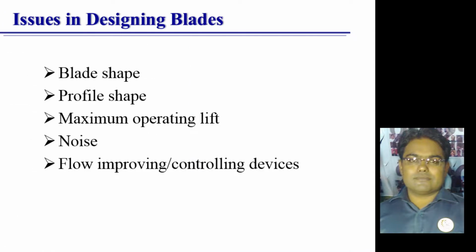So, issues in designing blades: blade shape, profile shape, maximum operating lift, noise. Noise should be as low as possible, and there are flow improving and controlling devices. Sometimes additional devices need to be attached on the profile to reduce the air induced drag.